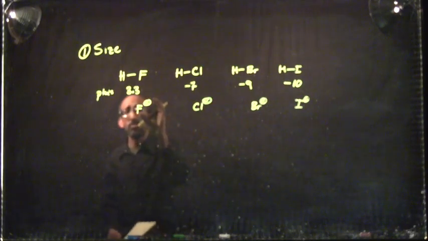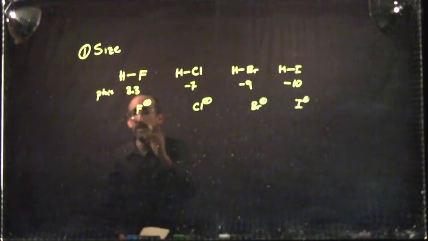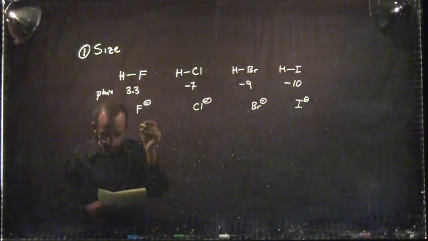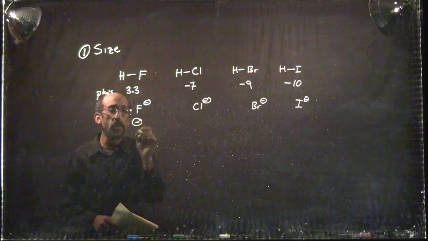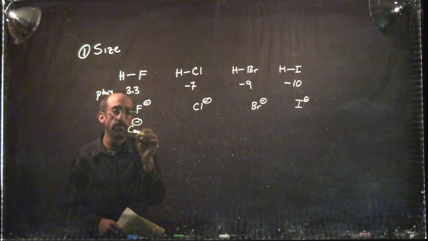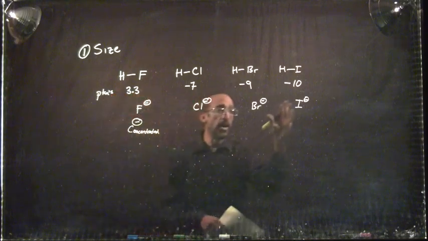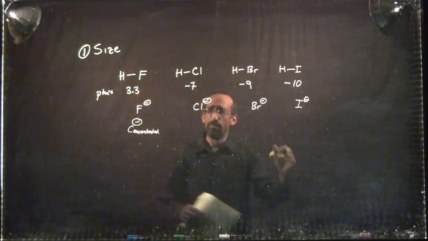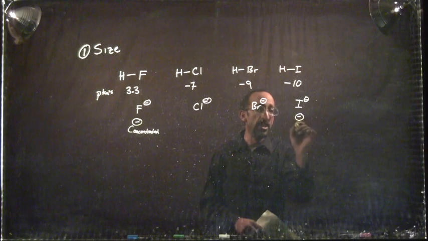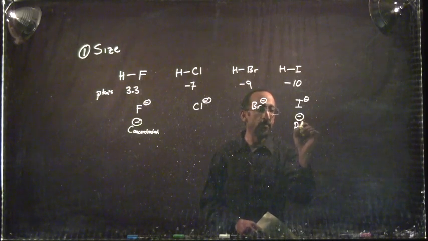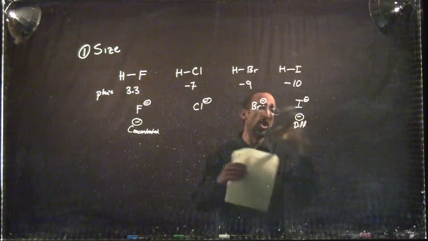So for a very small ion like fluorine, we can say that negative charge is concentrated. And for iodine, very large atom, we can say that negative charge is very diffuse. It's spread out over a larger volume.